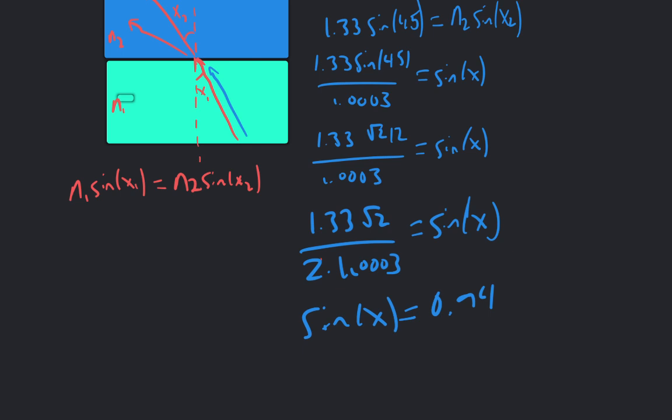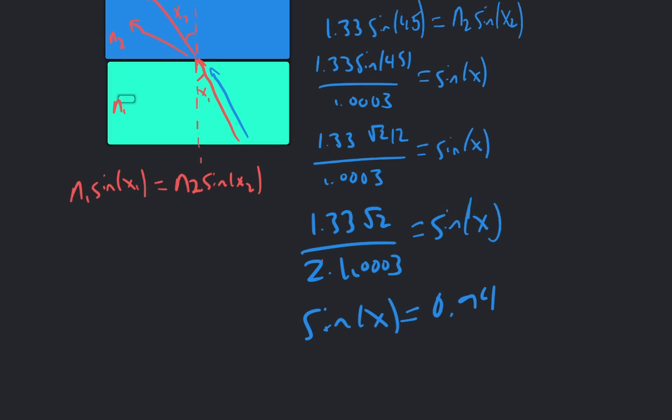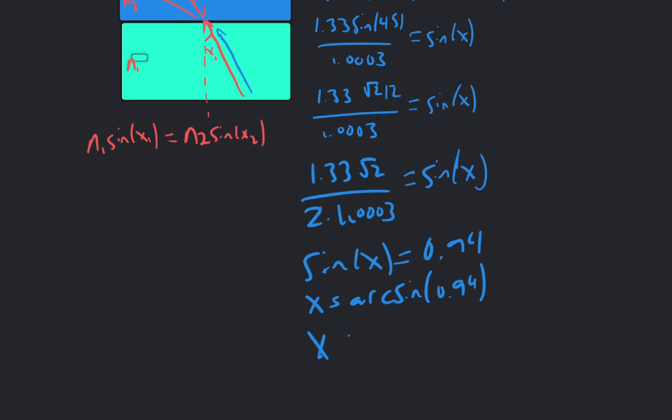And now to find x, we take the inverse function, which I did not cover, but it would be, in this case, arc sine of 0.94, and that's roughly 1.22 radians, or 70 degrees.